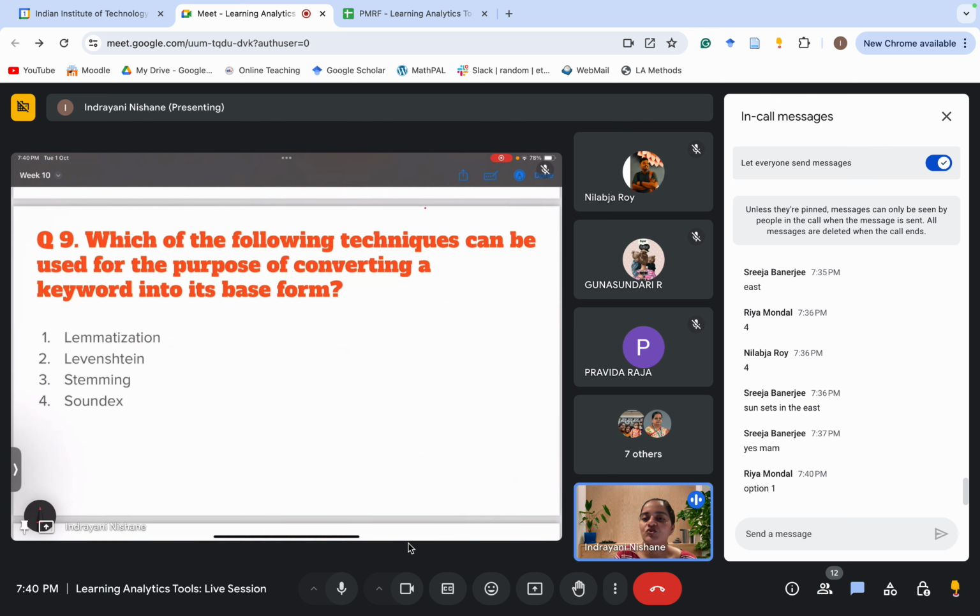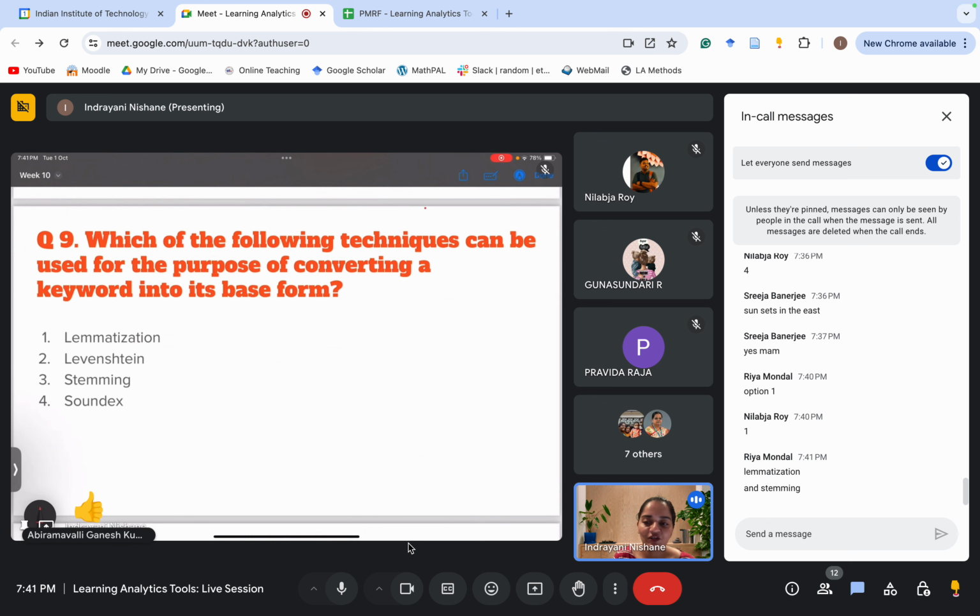This question asks: which of the following techniques will be used for the purpose of converting keywords into their base form? There could be multiple answers to this question. I'm getting only one option as the correct answer in the chat box, so I'm giving you a hint that there could be multiple correct answers.